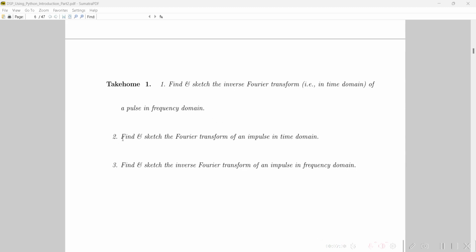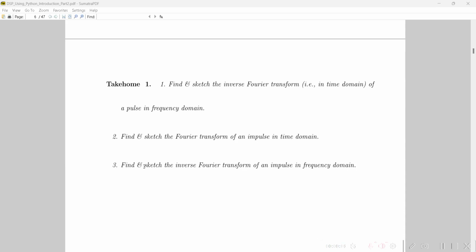The second question, find and sketch the Fourier transform of an impulse in time domain, not pulse. Pulse has some duration. Impulse, the duration of impulse is 0. The amplitude is infinity. The area under curve is 1. Okay? It will be called impulse or Dirac.